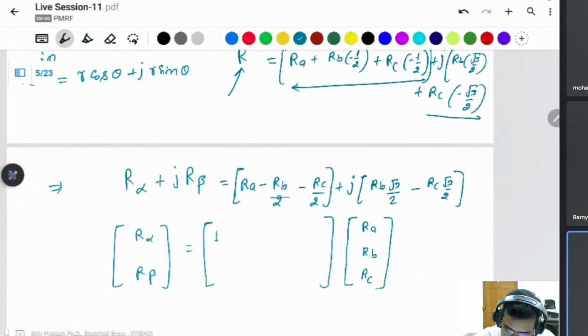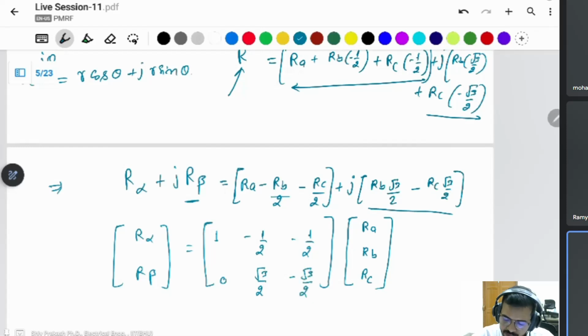Then RB in R alpha is minus 1 by 2, RC is minus 1 by 2. Then in the R beta part, RA is 0, RB is root 3 by 2, then RC is minus root 3 by 2. A simple conversion to alpha beta.